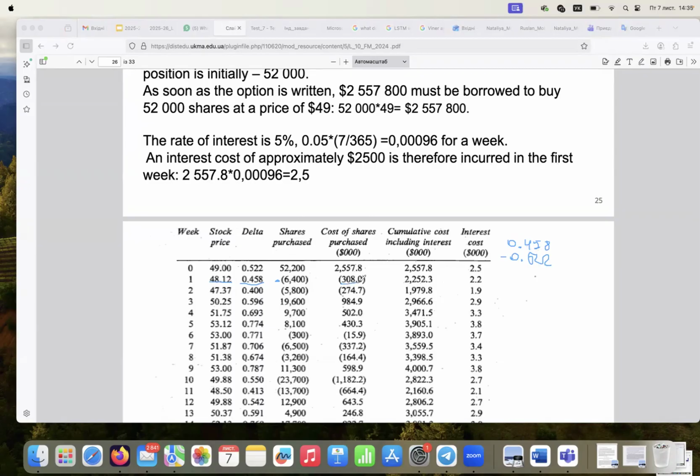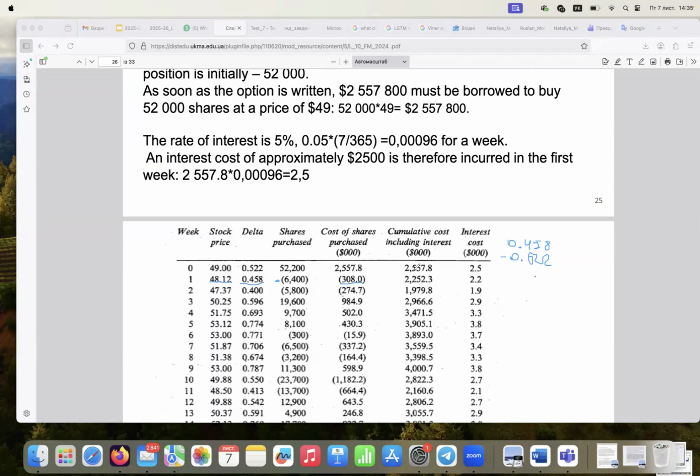We get this sum. Our debt is less because we obtain this money.